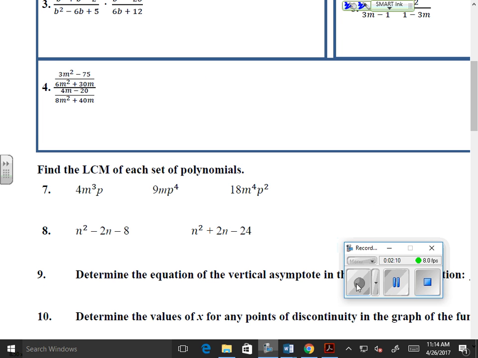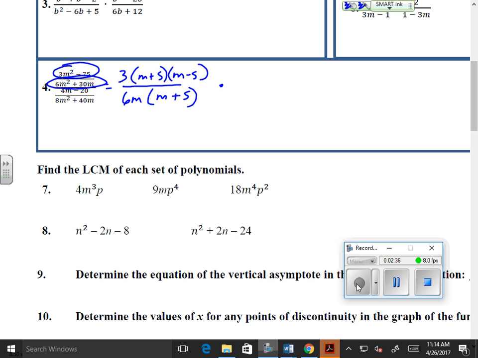For number 4, we're going to change this to multiplication. The 3m squared minus 75 factors into 3 times m plus 5 times m minus 5. The 6m squared plus 30m factors into 6m times m plus 5.